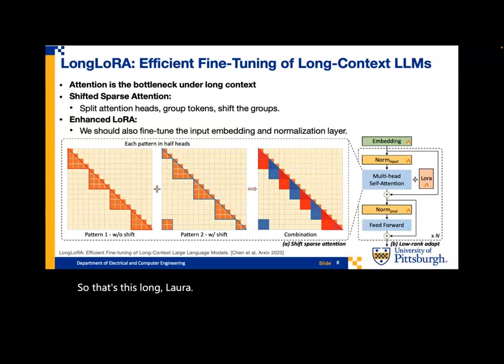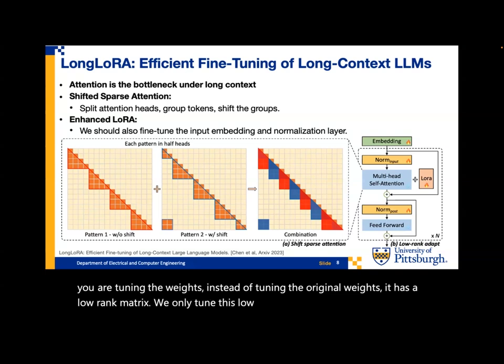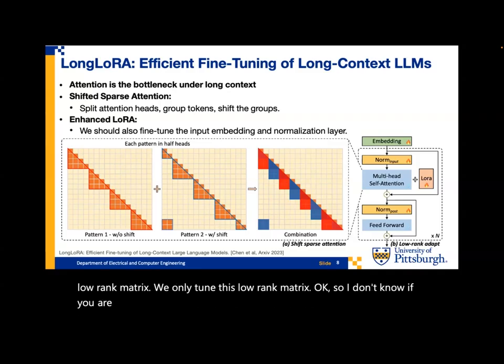Another thing that it's proposing is that it's going to fine tune. When you are tuning the weights, instead of tuning the original weights, it has a low rank matrix. We only tune this low rank matrix. I don't know if you are familiar with LoRA. Basically, you have a smaller matrix that's being tuned.